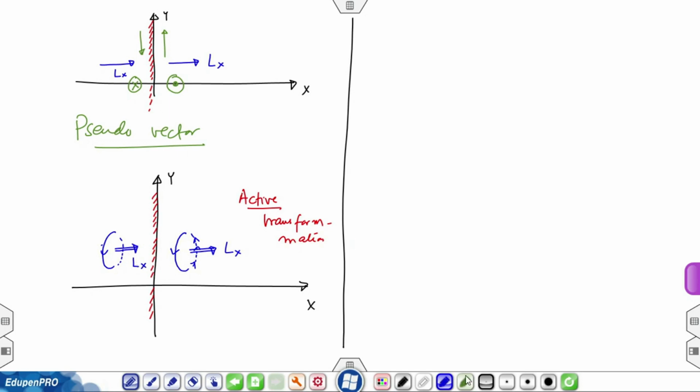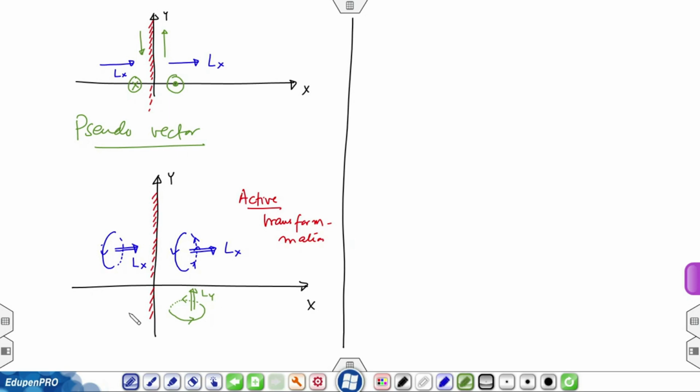If I were to look at Ly, then Ly would be given by a disk rotating like this. Again, the dashed line gives me the back side. So, Ly is pointing up. Now, let us see when I reflect what is happening.